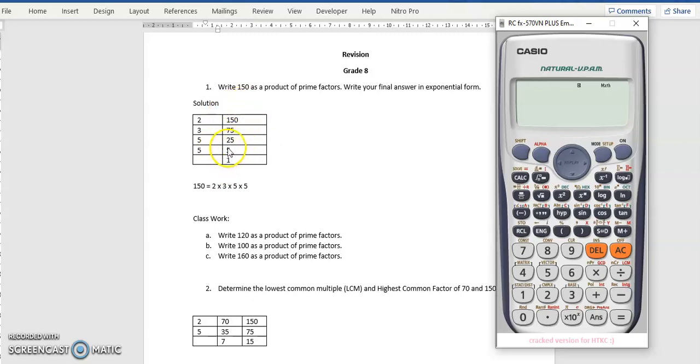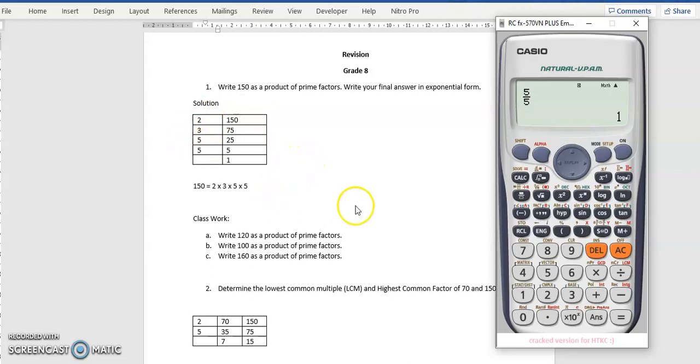So here, what number can divide 5 without a remainder? 5. So you come to your calculator, you write this 5 over 5, and it gives us 1. So you write this 1 here. Then you write this 5 here. Are we together?